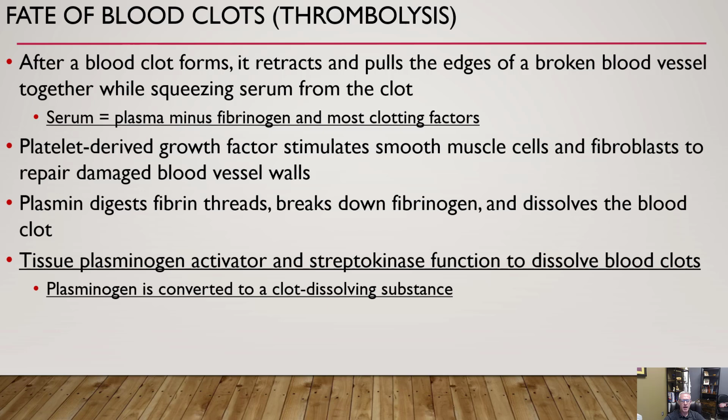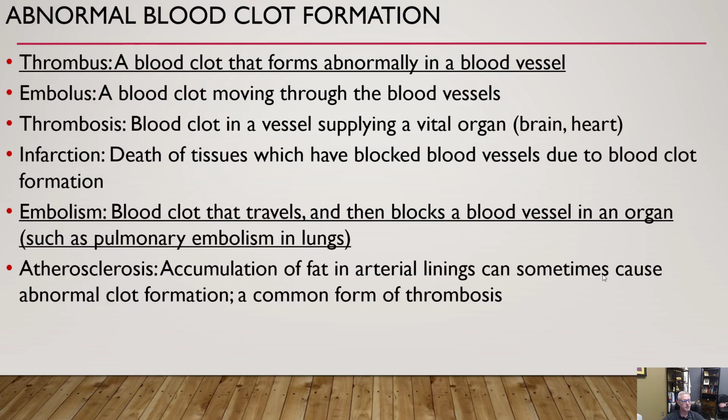If you have a defect with plasminogen, blood clots are not going to be broken down. So we're going to need tissue plasminogen activator and streptokinase to dissolve blood clots. But if we don't have this plasminogen, we're not going to be able to dissolve those blood clots.